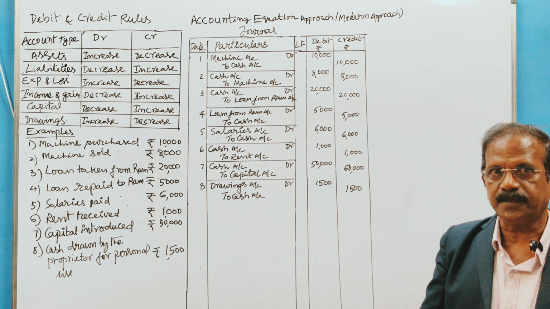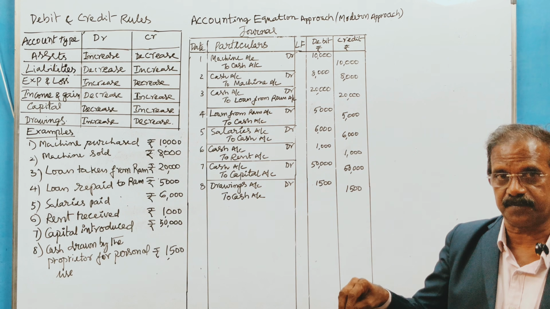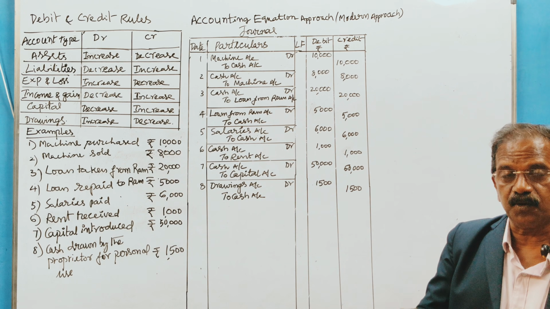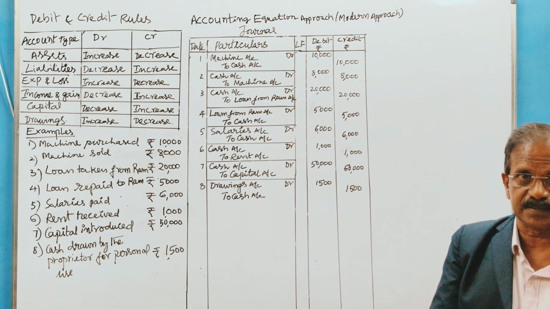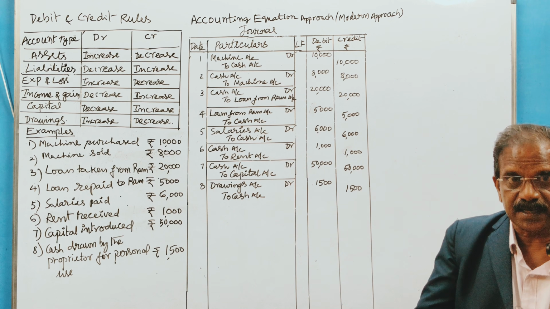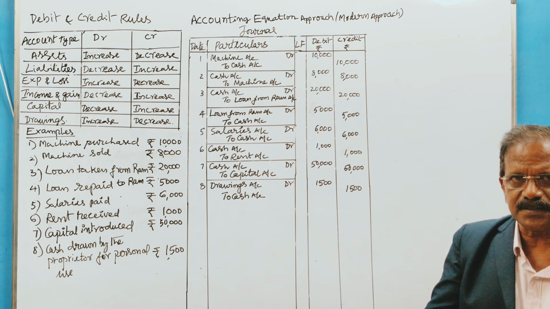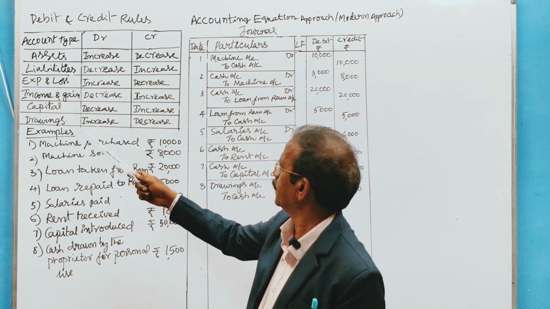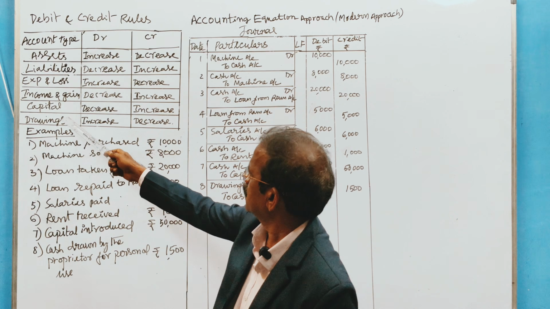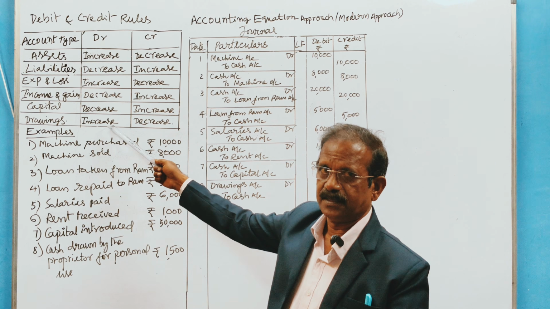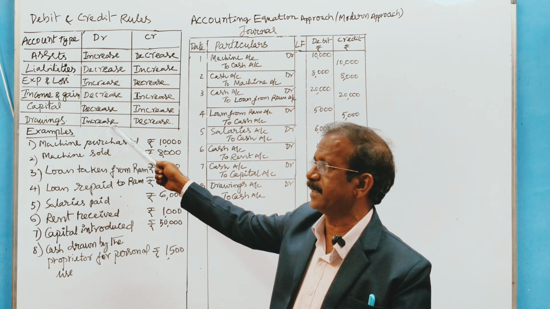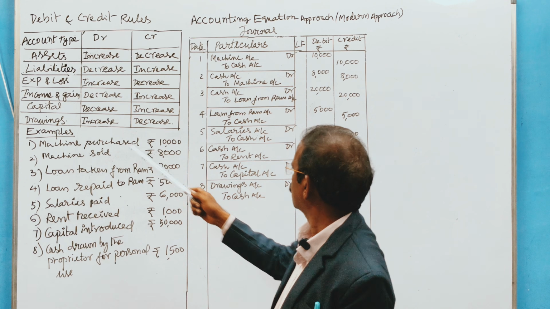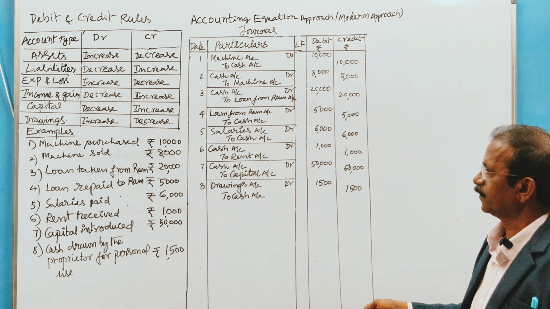Whenever proprietor uses any cash from the business, that amount is to be treated as drawings. So here drawings are arising. When drawings arise, then drawings account is to be debited. See, increase in drawings. So when arising means it is increasing. So drawings account is to be debited.